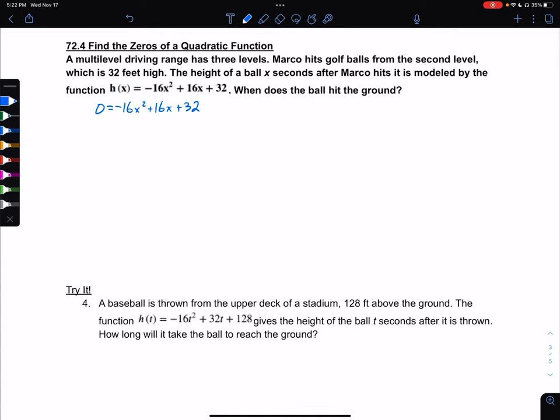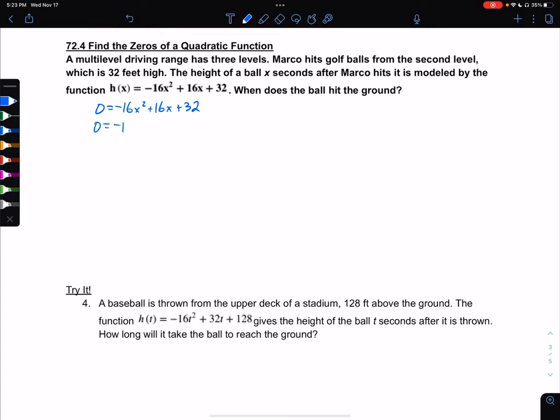Now, in this problem, it looks like I'm going to need to use the AC method. However, I really do not want to have to do negative 16 times 32, which is negative 512. And I don't want to find factors of negative 512 that add up to 16. Fortunately for us, these 3 terms actually have a greatest common factor.